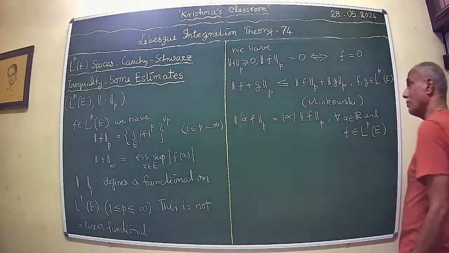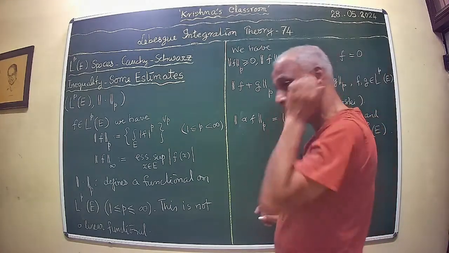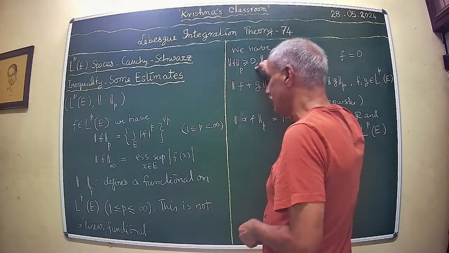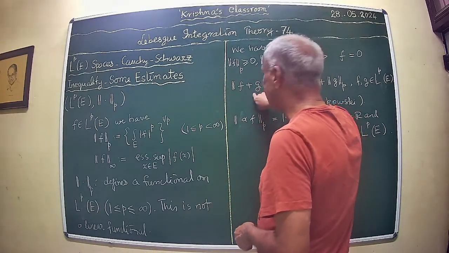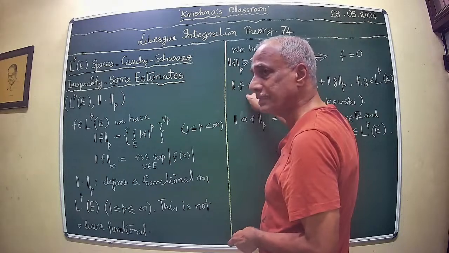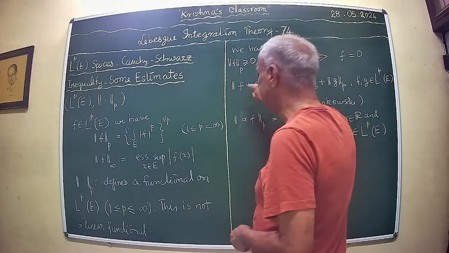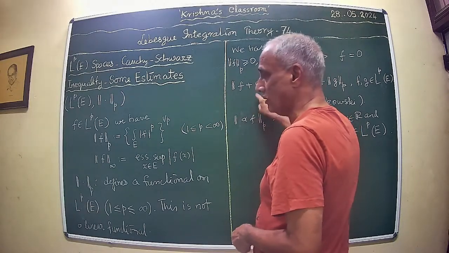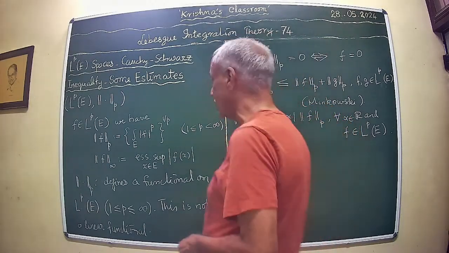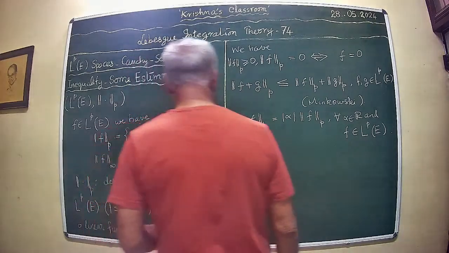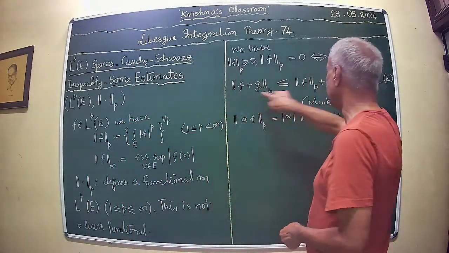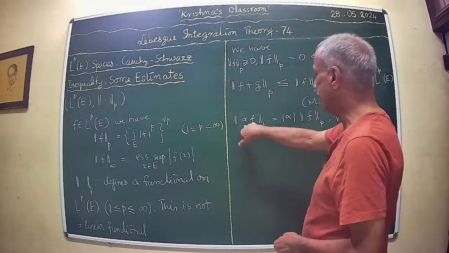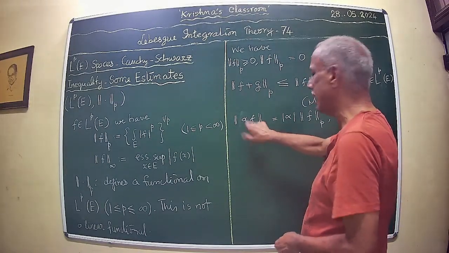If you carefully look at what is happening, I just want to make a remark. We define a functional. In this case, we are saying how it operates or interacts, or what it gives when you add, because addition is one of the operations that you have in LP as a vector space, and how it acts on that is what is contained in the Minkowski inequality, and then how it interacts with the scalar multiple.